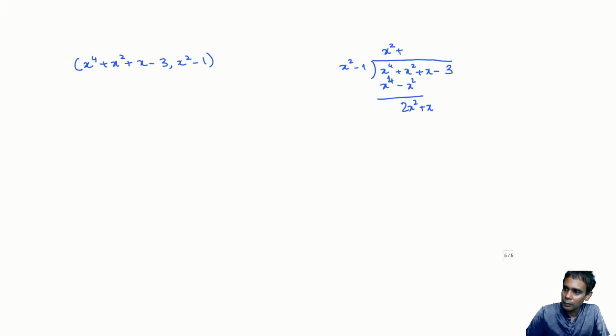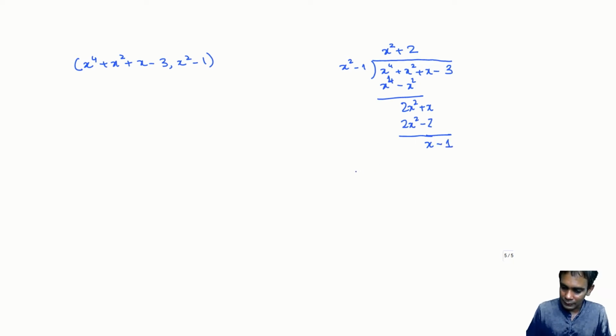So I put here plus 2 and I get 2x squared minus 2, and so that leaves x plus 2 minus 3, which is x minus 1.